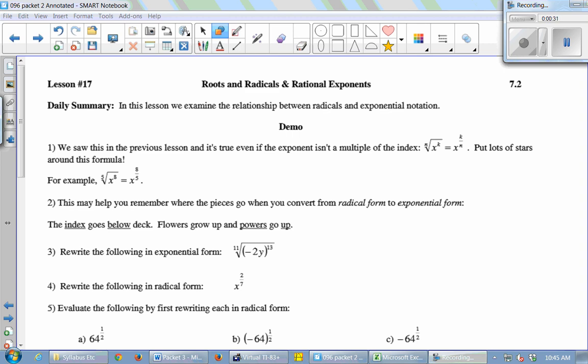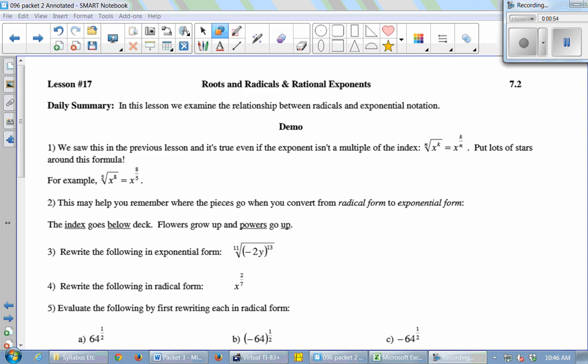Today we're going to talk about roots and radicals and rational exponents. We saw in the previous lesson that if you're trying to take a radical of x to a power, you can just do k divided by n.